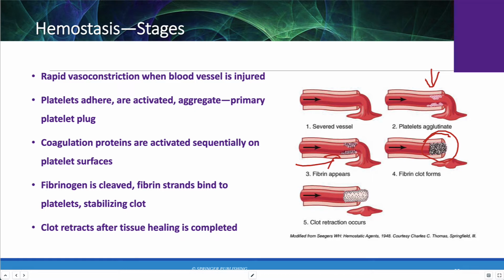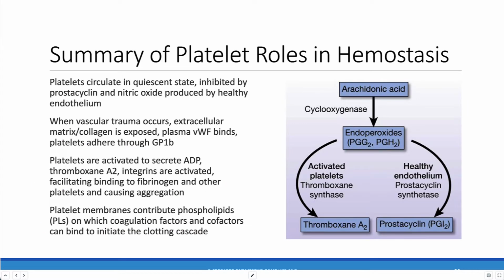After a few days, the healing has taken place, and then the clot begins to retract. And how does that happen? Well, because plasminogen gets activated, and that starts to break down the clot. Okay? The summary of platelet function is shown here. Remember that we have cyclooxygenase in the arachidonic acid pathway that eventually gives rise to thromboxane A2.